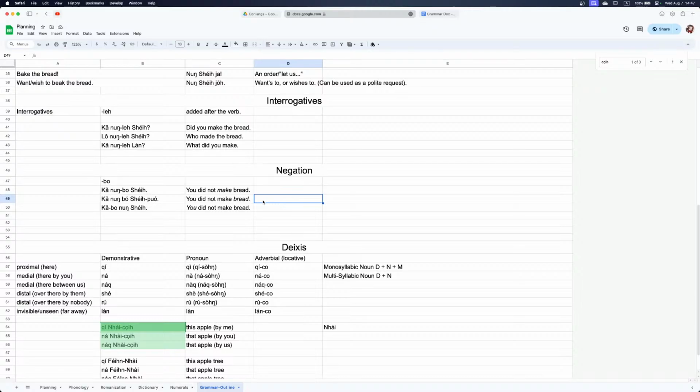The negation particle goes after the pronoun or the verb that it emphasizes, but if it's emphasizing a noun, then it's treated like a demonstrative. Yes. I quite like that system.